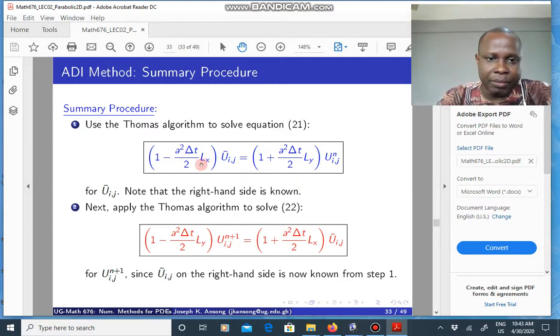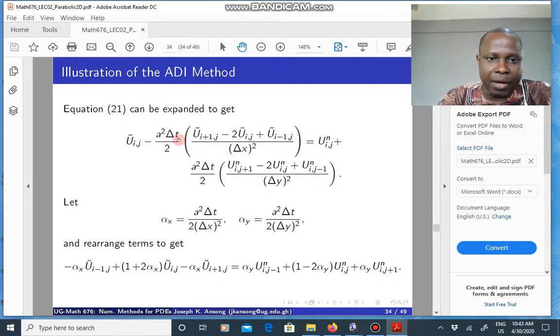So I'm going to use the operators here to expand U tilde. When you do that, you get this equation here. I can pull delta x squared out, delta y squared out, and I can call this mu or alpha x, and this I can call alpha y, and then rewrite this.